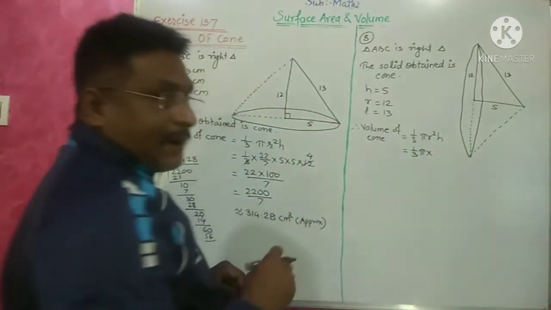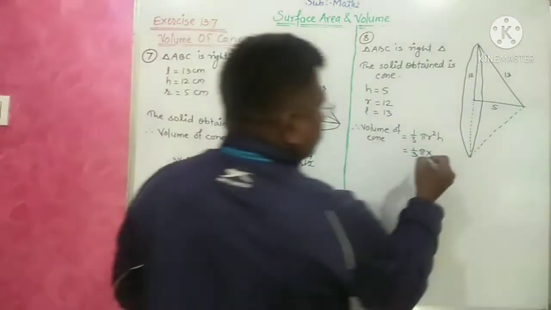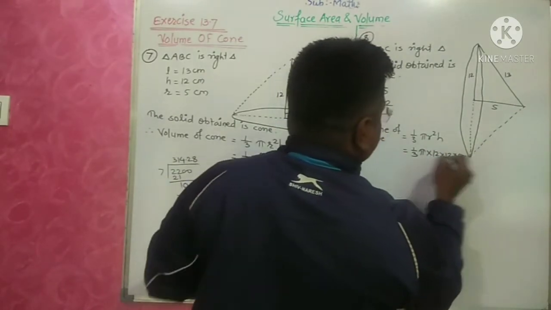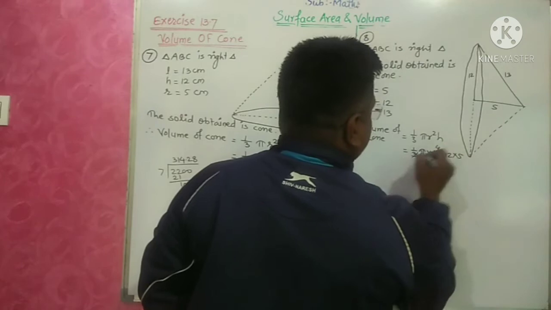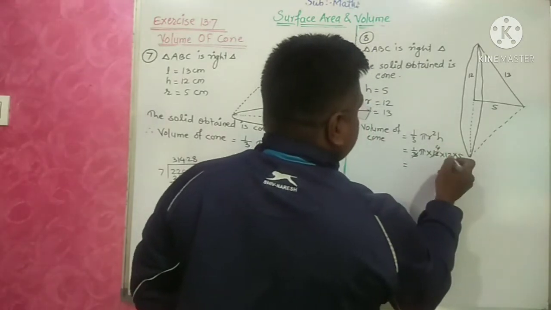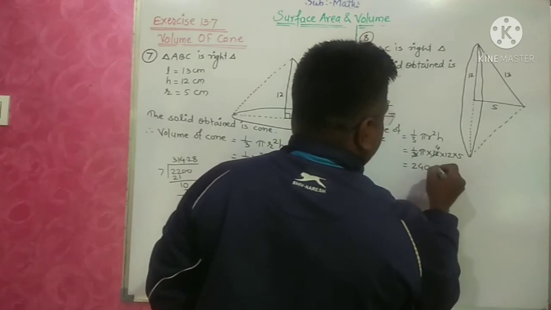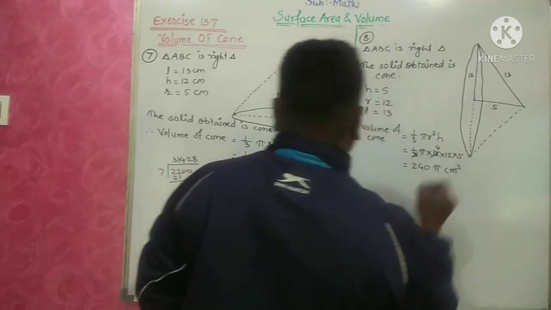Why I am keeping pi as it is, you will come to know that. 12 into 12 into 5. 3 fours are 12. So what will we get? 240 pi cubic centimeter.